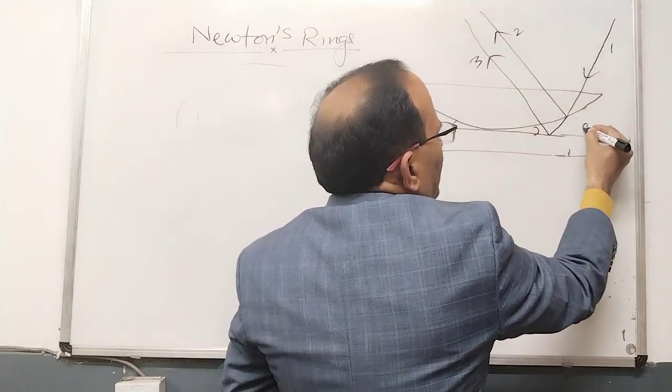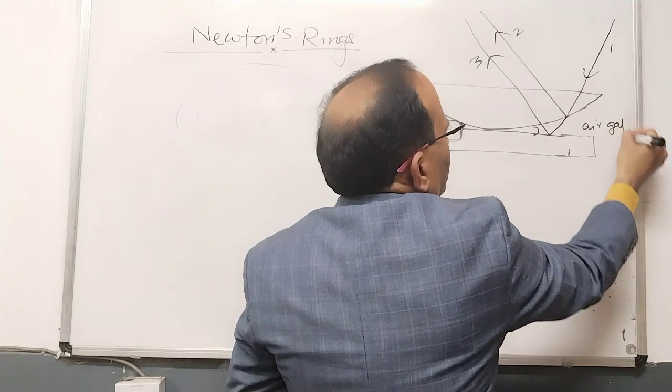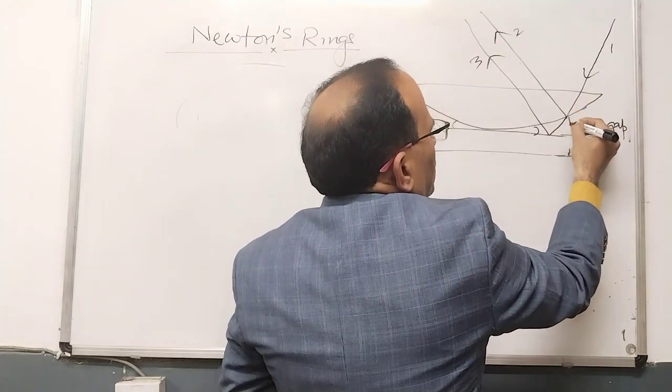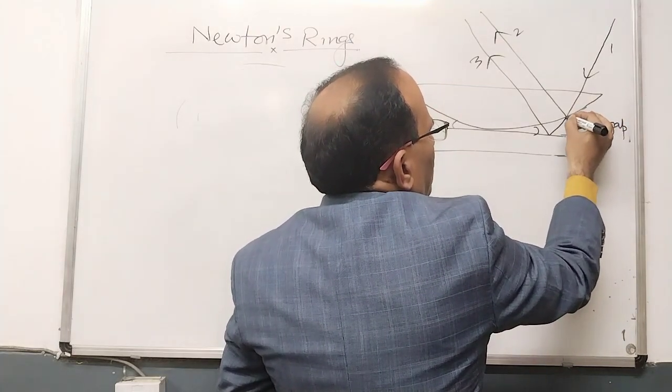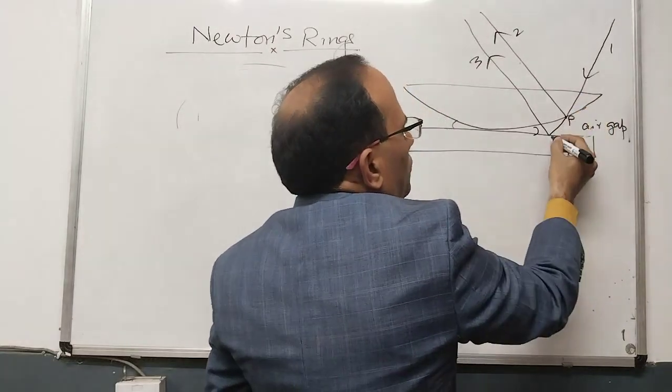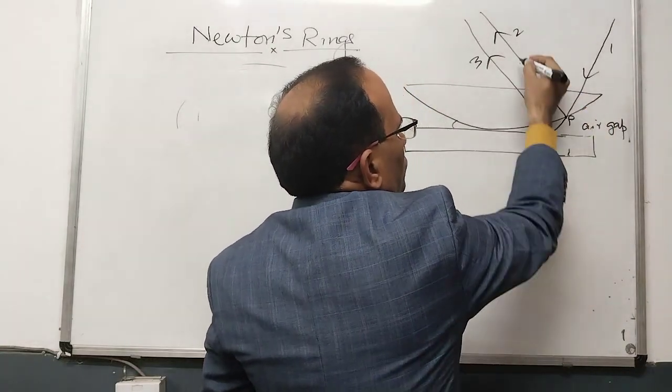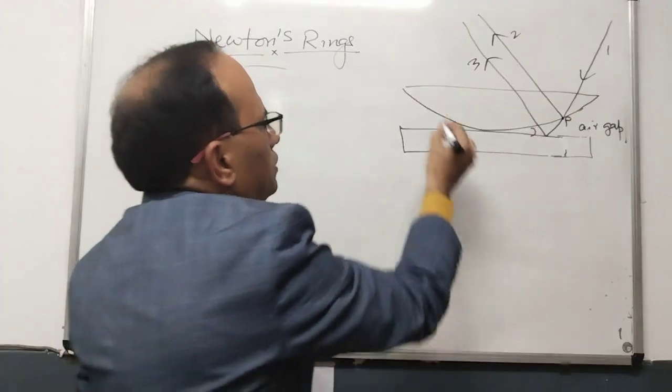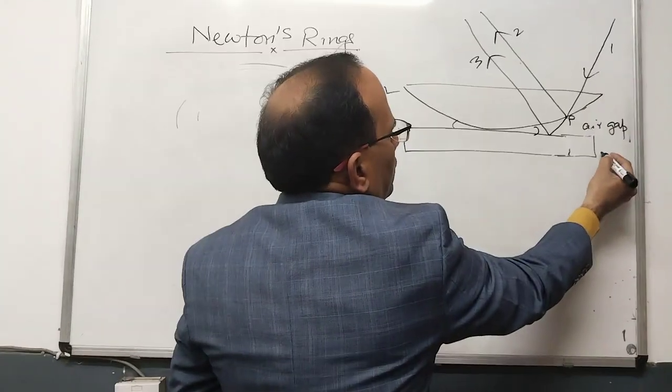Now this is the air gap. Let this be point P, where there is one reflection from this point and another reflection from this point. So what is the path difference? This is my lens, this is my glass plate.